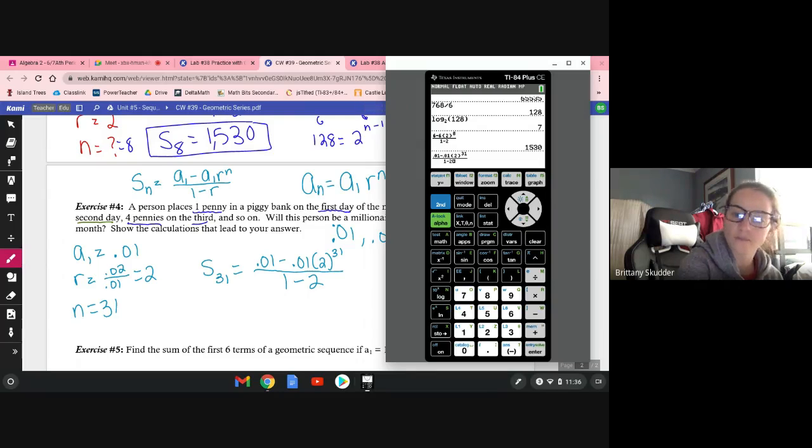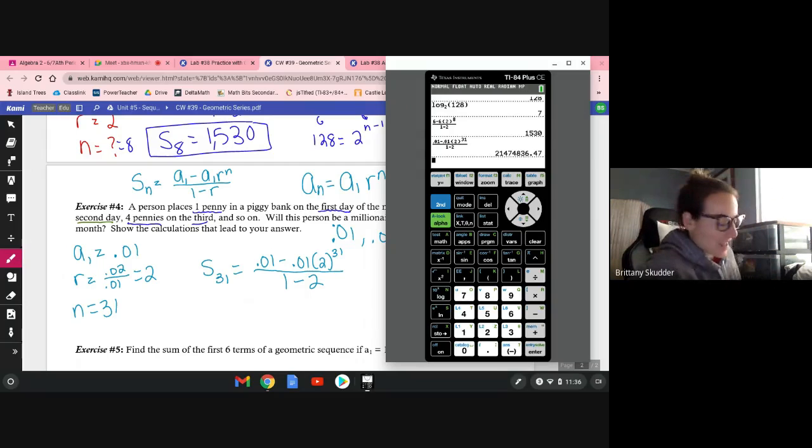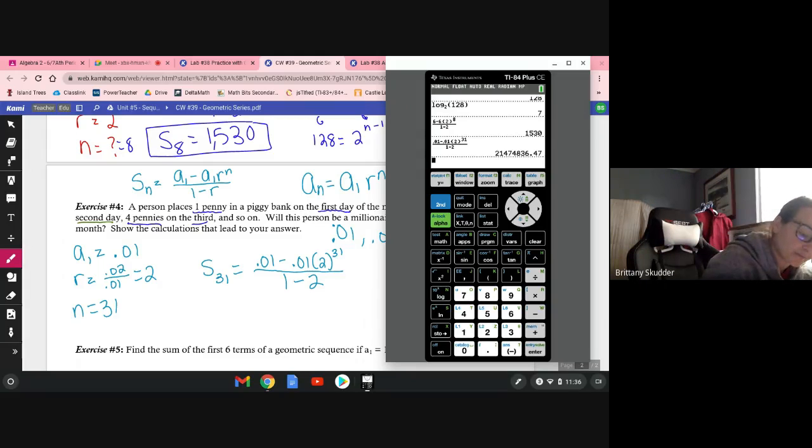Okay, click enter. And look how much money you'd have at the end of the month if you continued that pattern. You would have a total of $21,474,836.47.